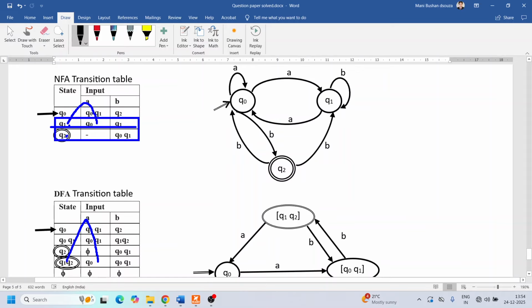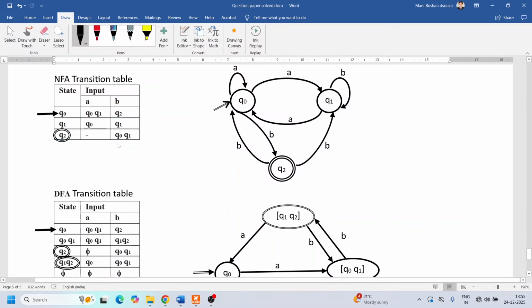Now if the input is B, q1 takes you to q1, and q2 takes you to q0 q1. Remember, if anything is repeated, you just use it only once. So the output is q1 q0 q1; q1 is repeated, so you just say q0 q1.